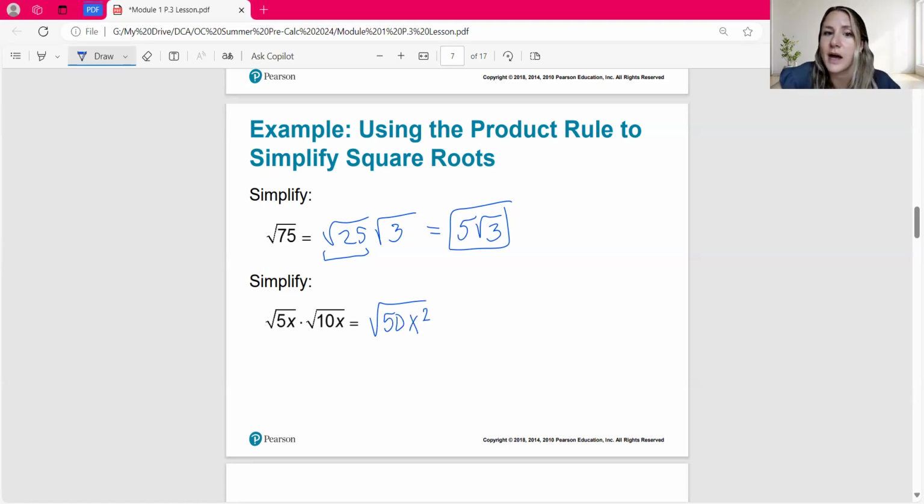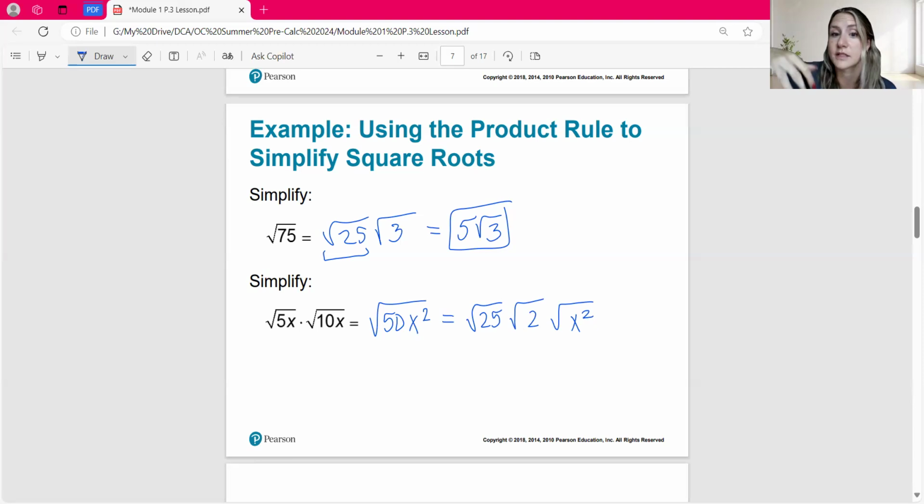So I can combine the two radicals, and then I'm going to further simplify this using the product rule again, breaking down the square root of 50. Coming up with factors of 50 where one is a perfect square, we get 25 and 2, right? 25 times 2 gives me 50, and I still have the square root of x squared.